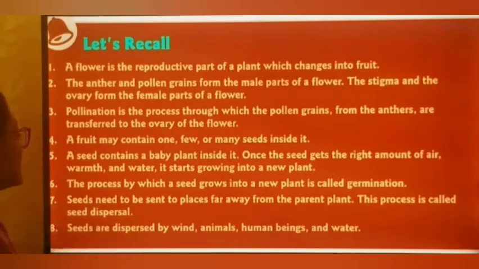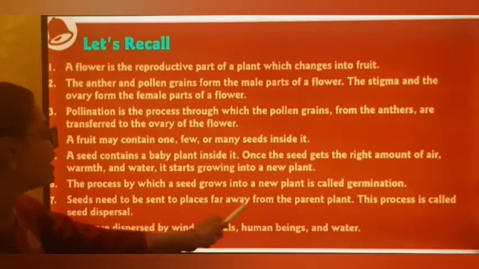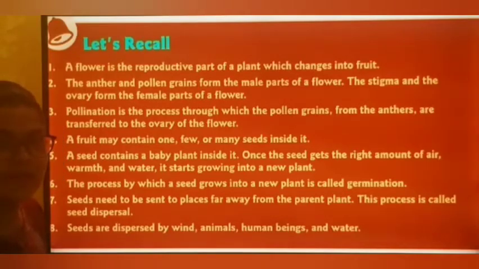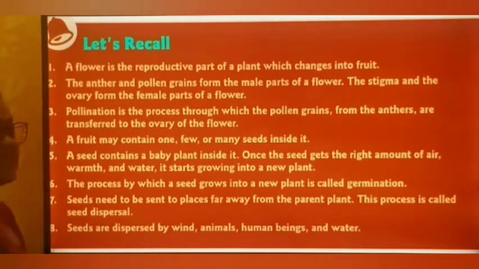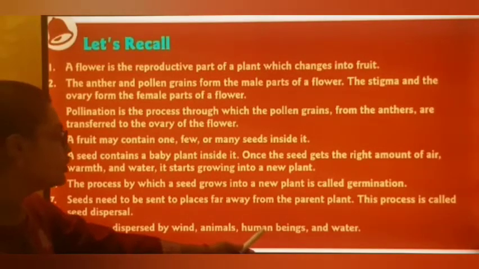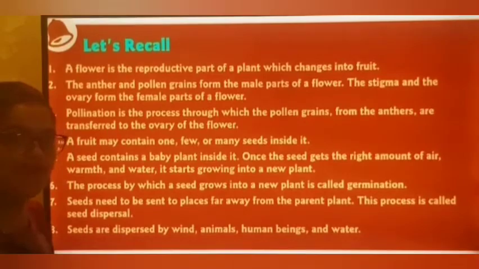Then seeds need to be sent to places far away from the parent plant. The seed moves away from the parent plant and that process is known as seed dispersal. Seeds are dispersed by wind, animals, human beings and water.